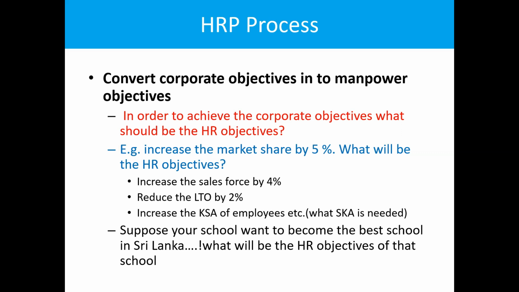Then obviously, the students' performance will be very high, will be the best. Right? So the corporate objective is to become the best school. The HR objective is to attract the best teachers in the world. That's how we can convert the corporate objective into a manpower objective.